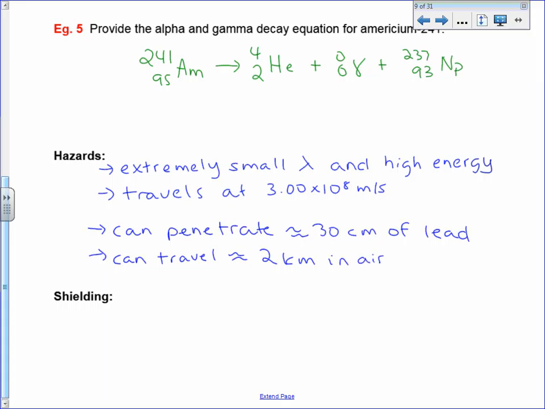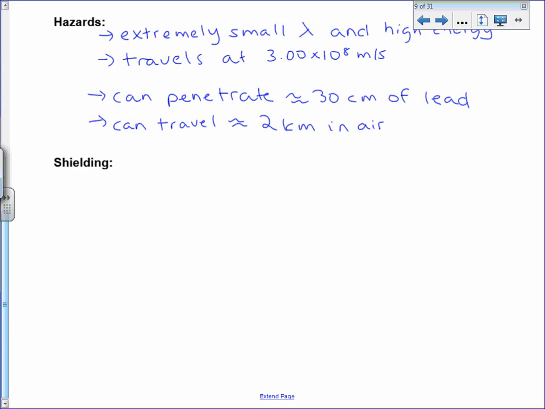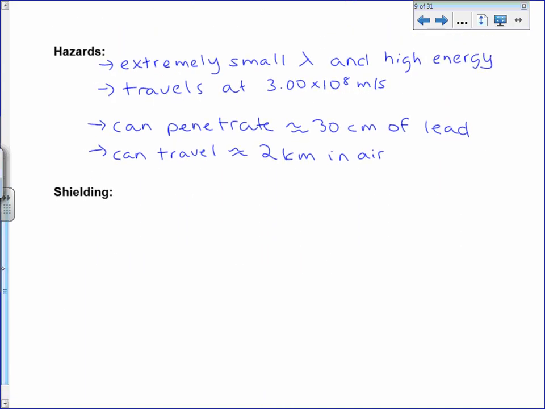So this is the real dangerous stuff, and this is the stuff that we really have to shield against in a nuclear power plant. And that's not because it's constantly producing gamma radiation, that's just in case it does. So for shielding, you need about 6 feet of concrete.